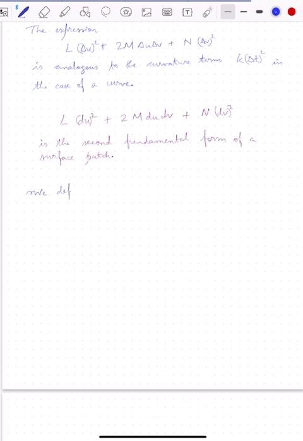So we define a symmetric bilinear form on the tangent plane as v vector comma w vector is equal to L du of v vector and du of w vector. So this gives us the component along the sigma u axis.